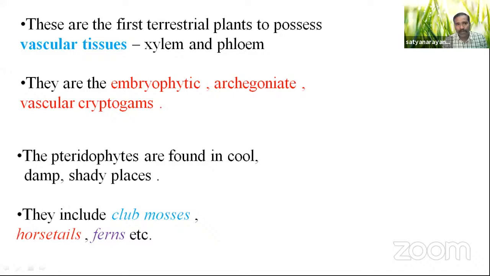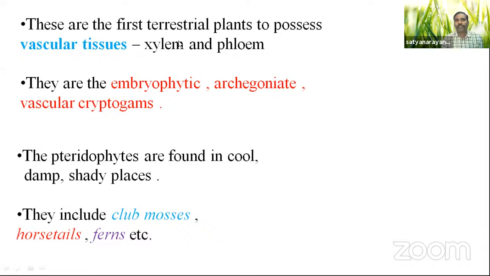This is the first time they have the xylem and phloem, but the phloem is not so developed. The companion cells and sieve tube cells are absent in pteridophytes. So these are called vascular cryptogamous plants.